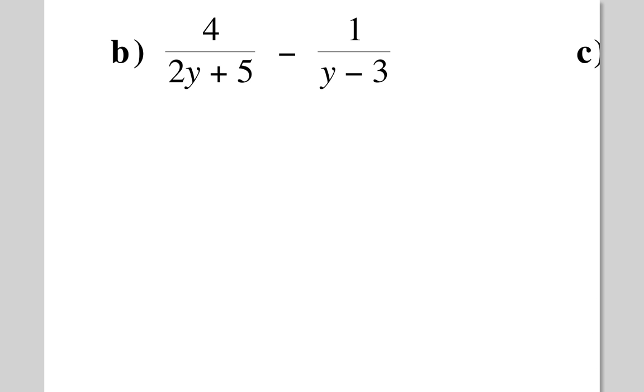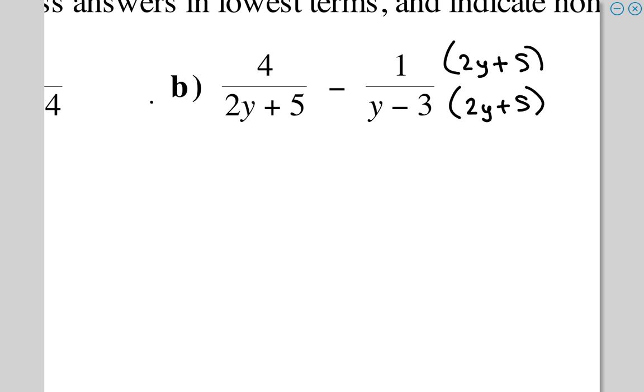So it's like, what does this guy have that I don't have? Yeah, they're just exchanging each other. So it's like, times this one by 2y plus 5, times this one by y minus 3.